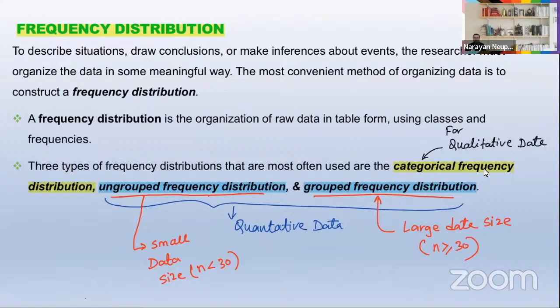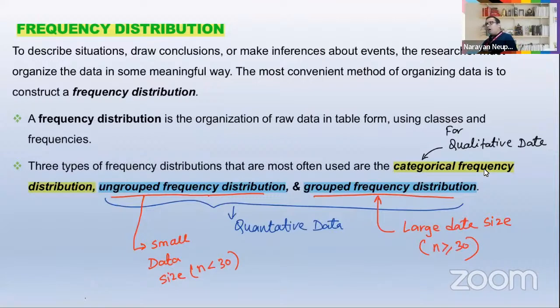So one more time, one of the methods of organization of the data that we are exploring in this unit is frequency distribution, okay? And the frequency distribution, as you can see, is of three types. The first one is the categorical frequency distribution. That is for qualitative data.